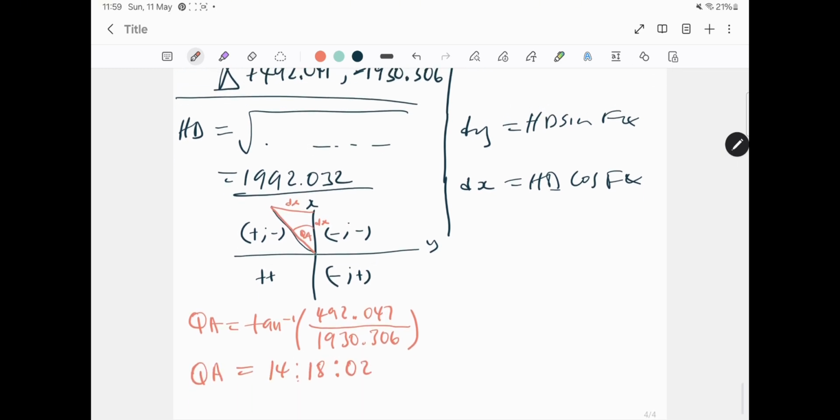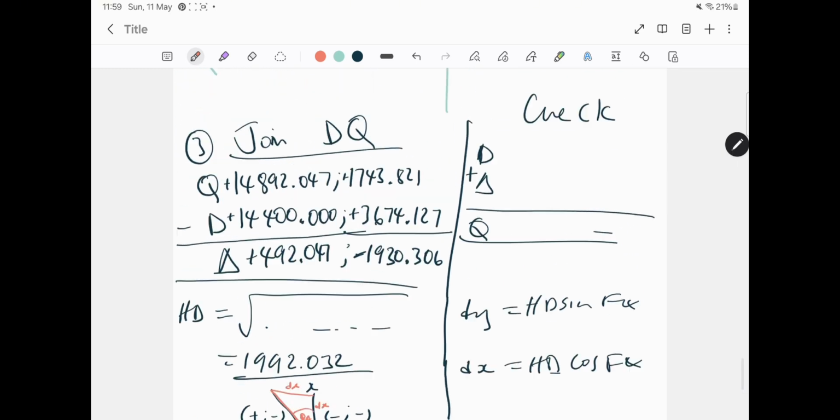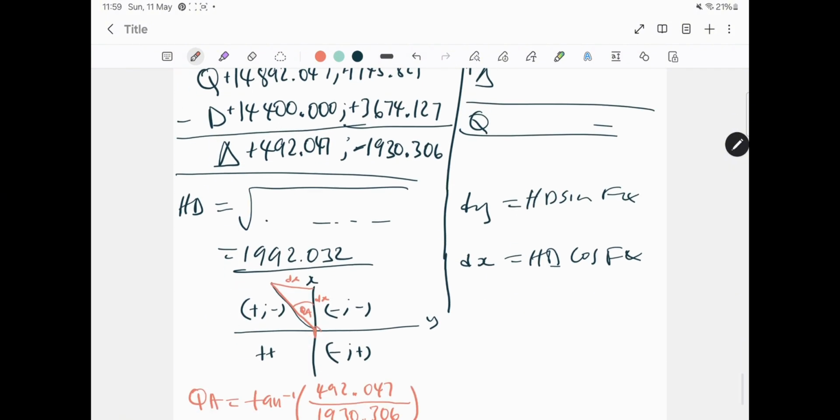So remember, what are we finding for? We're looking for DQ. This is your D, this is your Q. So from D to Q, you see that you have to have your forward bearing. To get the forward bearing, you have to say 180 minus this angle to get this bearing DQ.